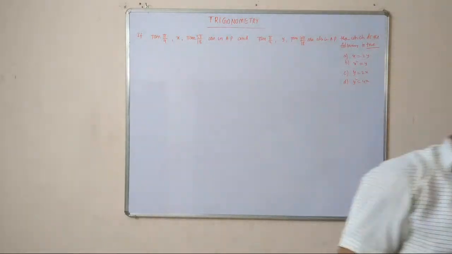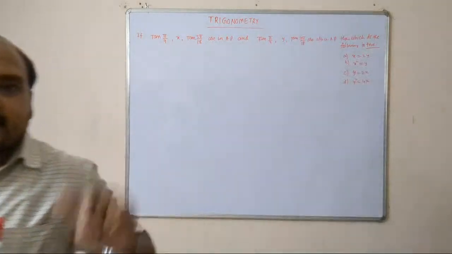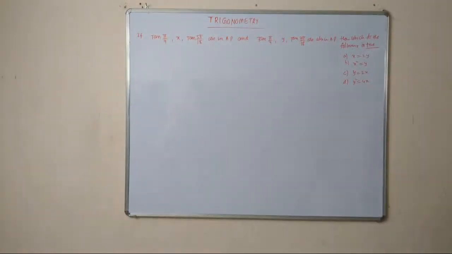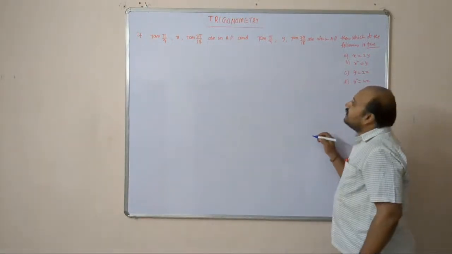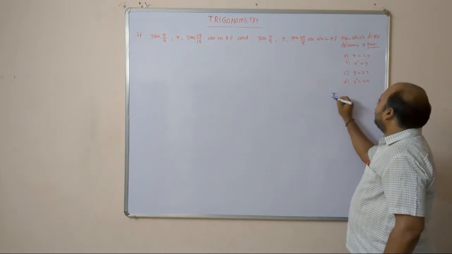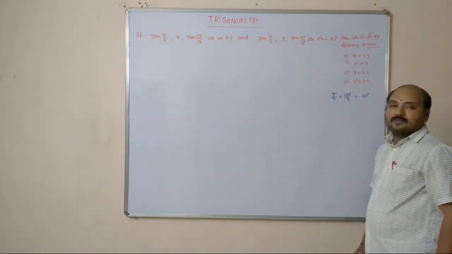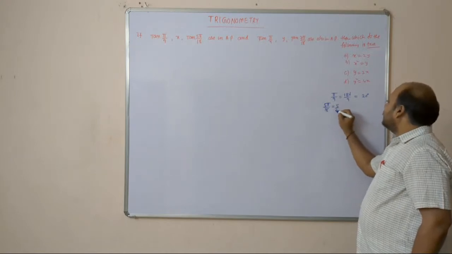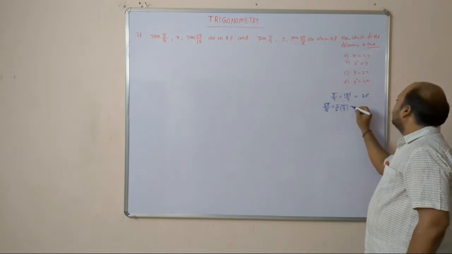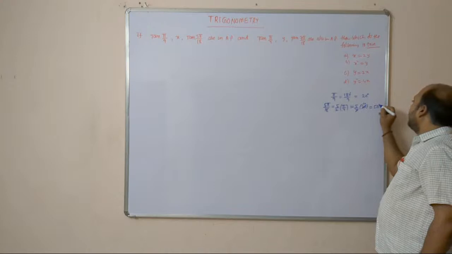So let us have a discussion. The question here is a good one, concept wise. First, what we have to do, dear students, is simplify pi by 9, 5 pi by 18 and 7 pi by 18. Pi by 9 means 180 degrees divided by 9, that is equal to 20 degrees. Next, 5 pi by 18 can be written as 5 by 2 times pi by 9, that is 5 by 2 into 20, so 50 degrees.